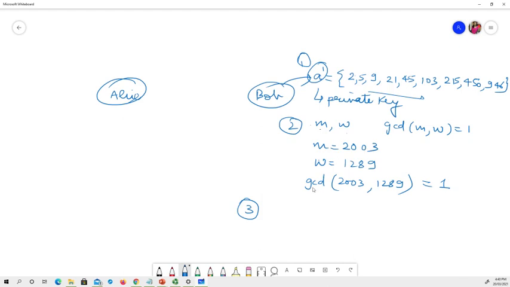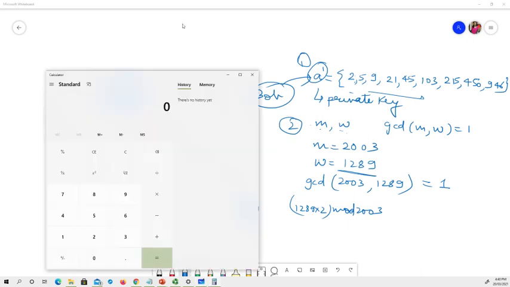So if I do 1289, which is w, into 2 under modulus 2003 operation, let me open the calculator. 1289 into 2 gives you 2578, and if I do this modular operation, we would get 575.